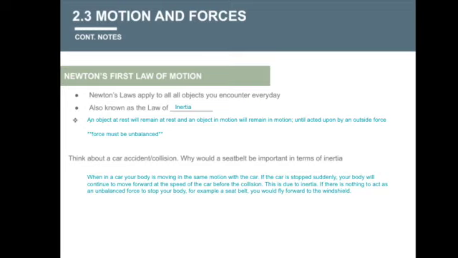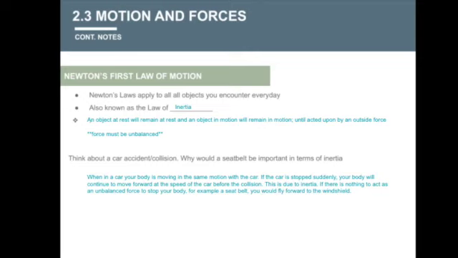Whenever there is that quick change in motion of the car, your body is experiencing inertia. It's still continuing in that same path. It's not going to stop at the same rate as the car, especially when the car stops quickly.